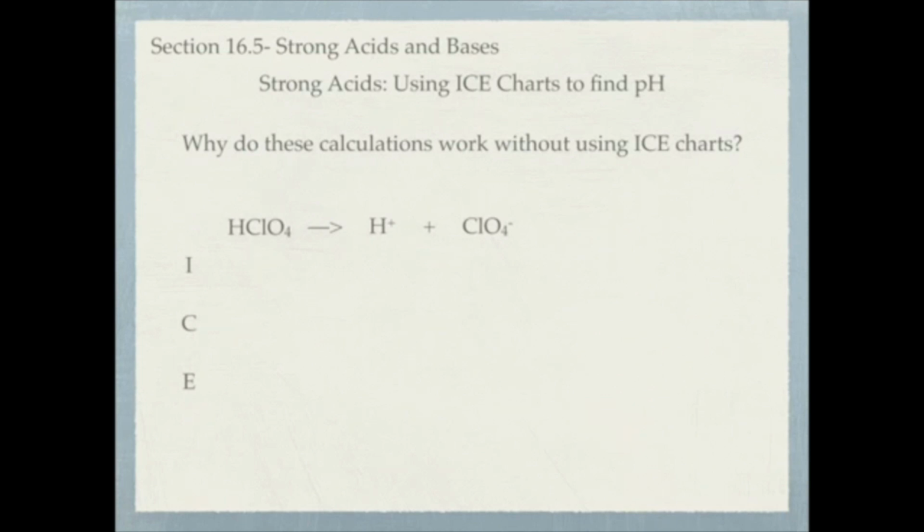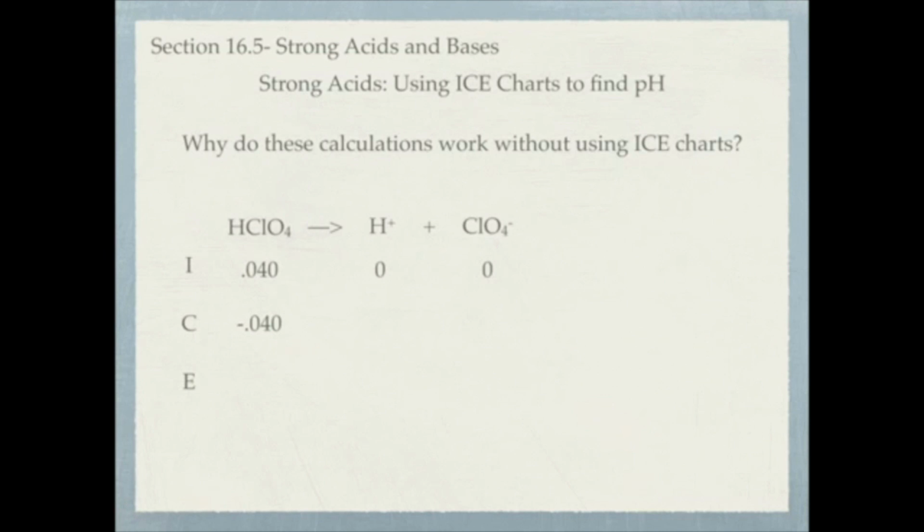Okay. And the problem tells me that I start with 0.040 molar of my strong acid, and I don't have any of my hydrogen ions or my perchlorate ions. So the change that's going to occur is going to be minus 0.040 for perchloric acid. The reason why is because, based on the definition of a strong acid, 100% of it is going to dissociate.